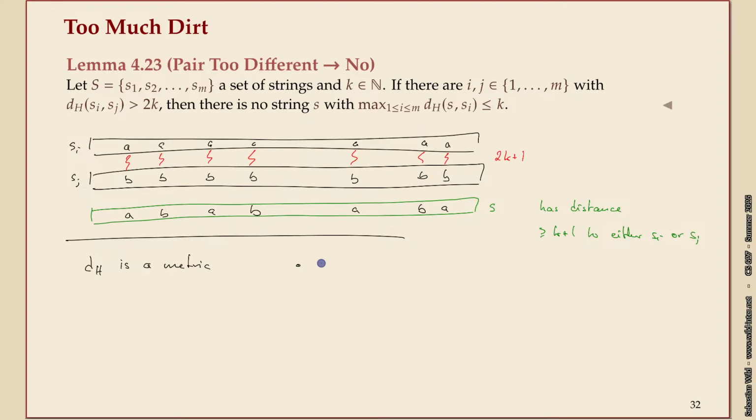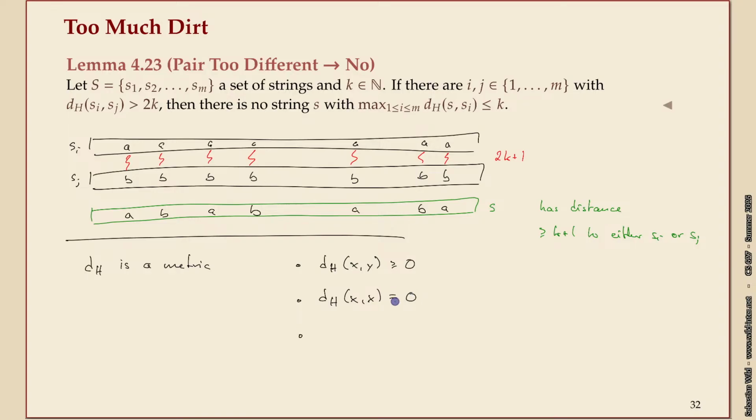It needs to be greater than or equal to 0 for all entries. That's obvious for the Hamming distance because it's a count. It can only count positions, so it's never going to be negative. If you put the same string in twice, then it has to be 0. That's the other condition for a metric. And that's clearly the case because we don't have any mismatches between the string and itself.